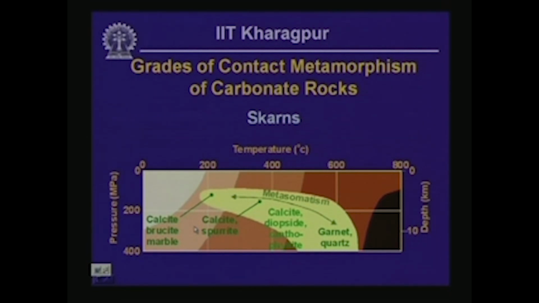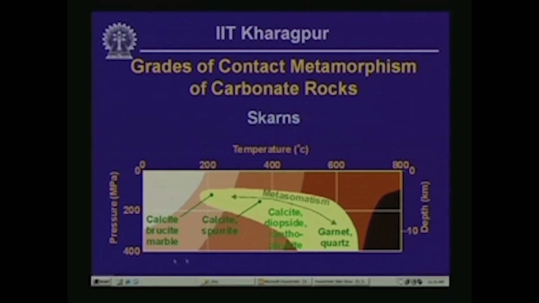Essentially, this arises because of recrystallization of calcite and brucite, and then as the metamorphic grade increases, we will get minerals such as sparite, and calcite is also present.